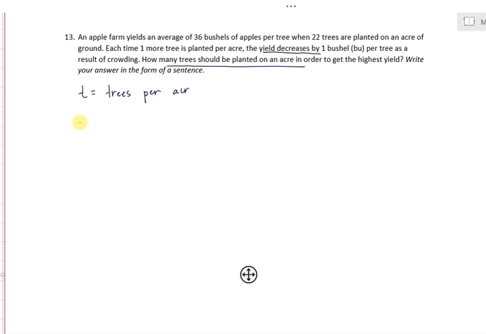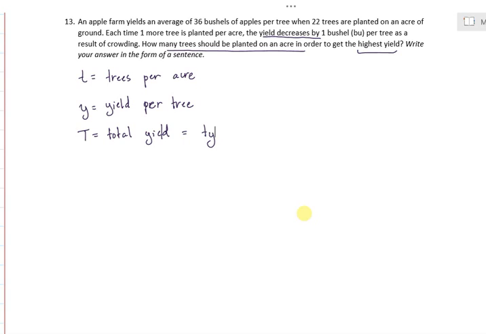So I'm going to let y equal yield per tree. And what I want to maximize is my total yield. So I'm going to let T be my total yield, and T is the trees per acre times the yield per tree. I shouldn't say it's obvious, but it's true.